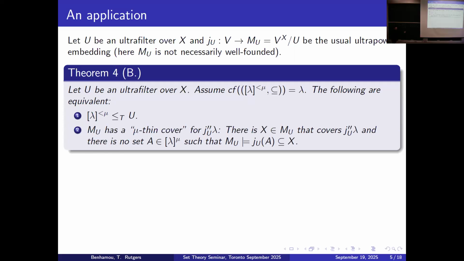That's an element of the ultrapower. And so that's a cover for j_U(lambda). You can just take the epsilon that the ultrapower thinks is epsilon, the epsilon with index U.